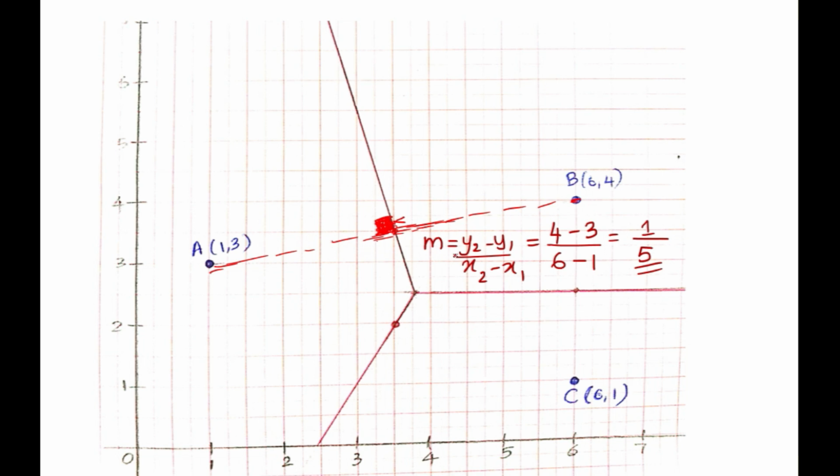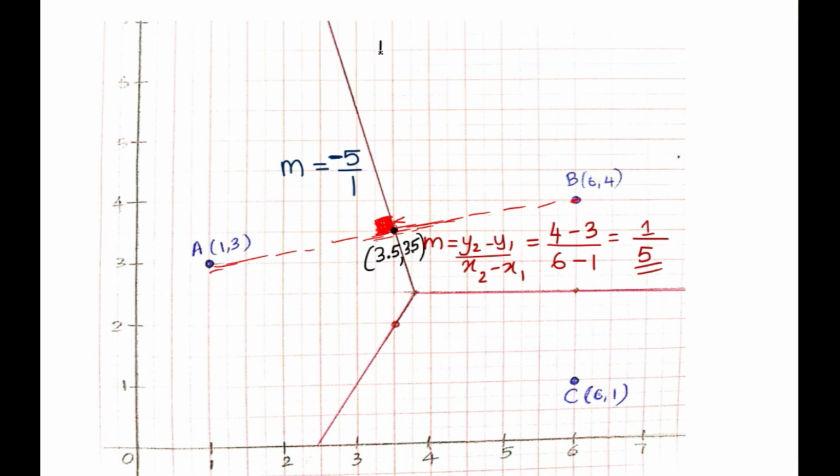So if the gradient of this line is 1 by 5, for sure the gradient of this line, which is my perpendicular bisector for which I need to make the equation, is going to be minus 5 over 1. Now for the coordinate, you can consider the midpoint here. This is going to be 3.5, comma 3.5.